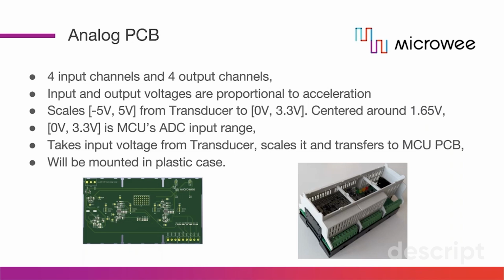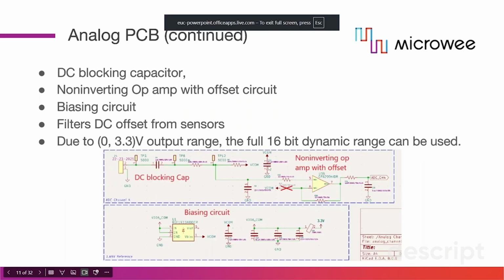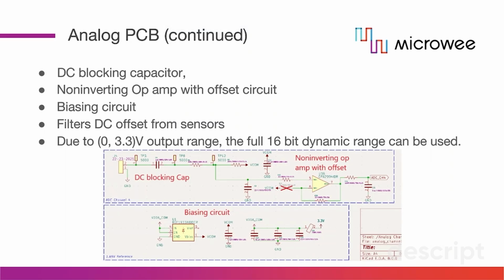The left image shown on this slide is taken from CAD software, and the image on the right is a similar board. It represents the case that will be used to house this particular analog board. Even though the output of the M28 supply module already has the DC component removed, we also included a DC blocking capacitor in the schematic of the analog board, just to be able to use other systems which do have a DC component present.